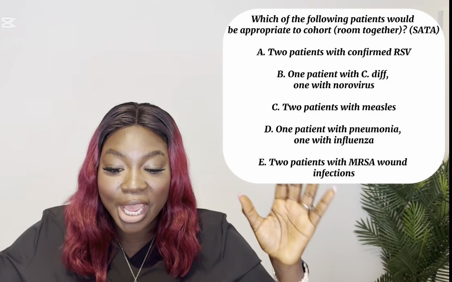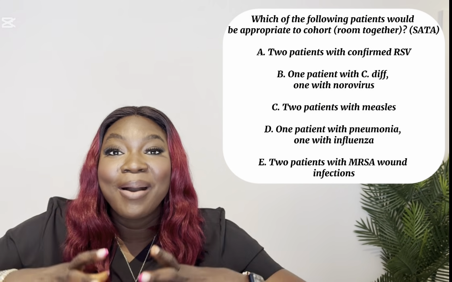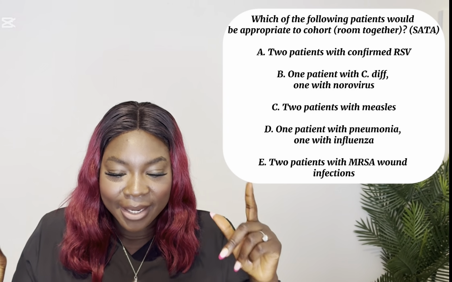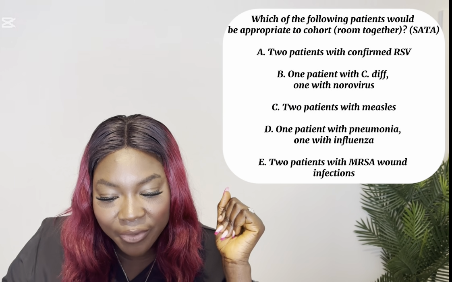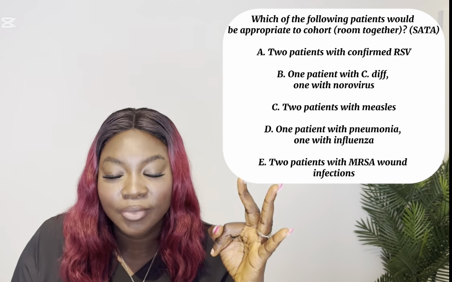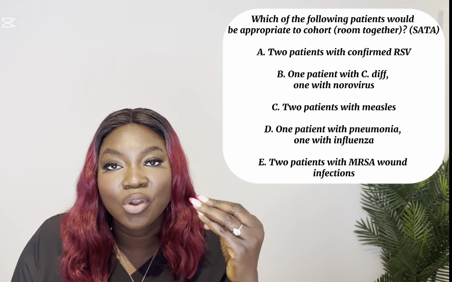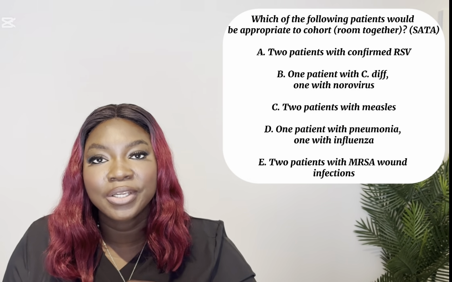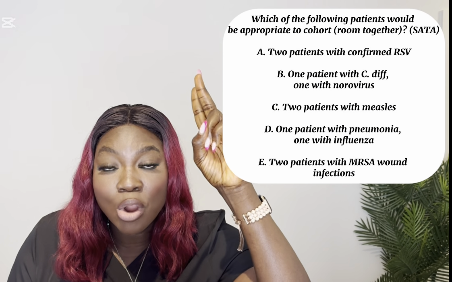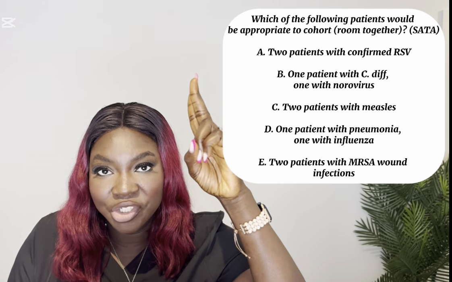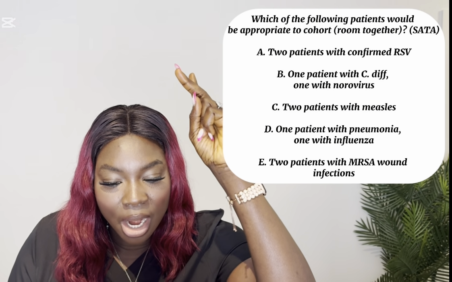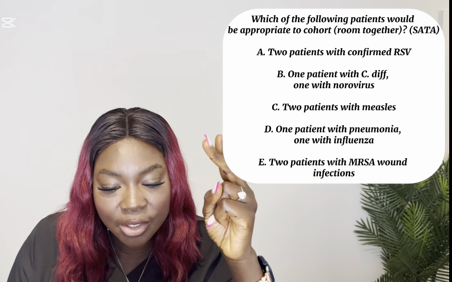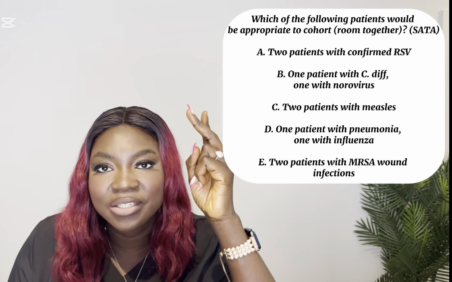So you don't want to put them together, even though they are both droplet precautions. Okay? Now, and the last one, 2 patients with MRSA wound infection. Now, these 2 patients can be cohorted because they have the same pathogen. MRSA wound infection, MRSA wound infection. So our right answer, the 2 options of patients that can be cohorted together, are A, 2 patients with confirmed RSV, and E, 2 patients with MRSA wound infection.